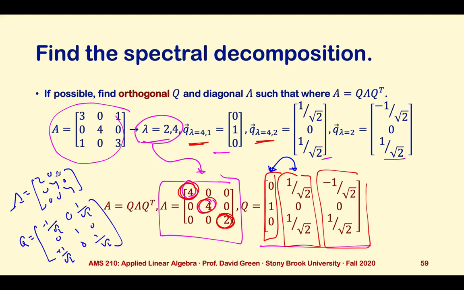And so there is some flexibility in how we write these. One common way of writing this down is to have the largest absolute value eigenvalues at the upper left and have them decrease in absolute value as we go down, and that's what I've chosen here.